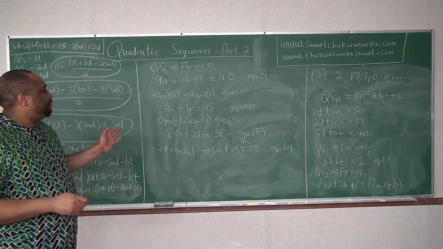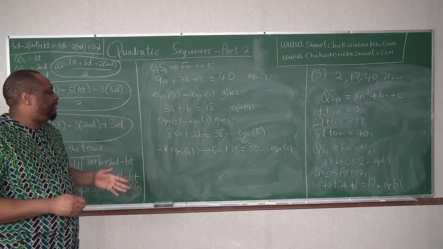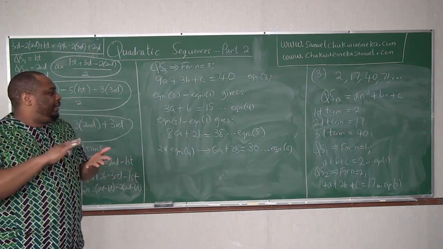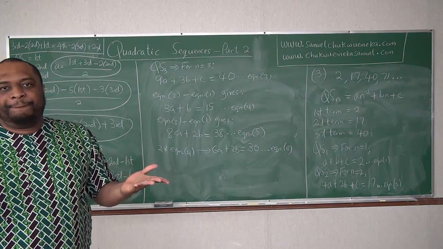Now we can do equation 5 minus equation 6. So we can eliminate b. To find a, we eliminate b.